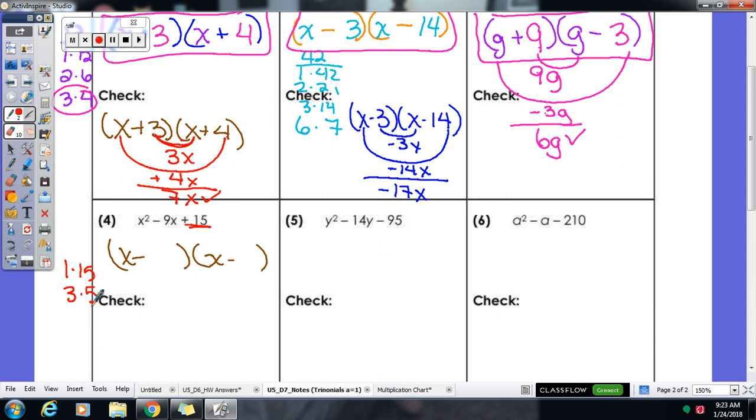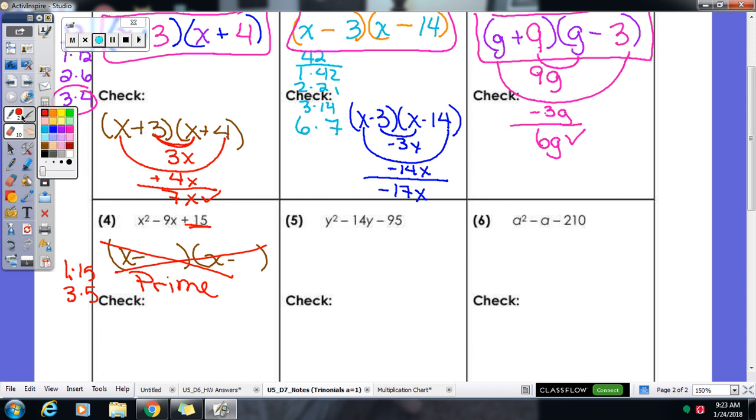We got 1 and 15, and then 3 times 5. Are either of those going to give us a 9? No, this one would give us a 16. This one would give us an 8. None of them would give us a 9. So this is what we call a prime. It's not factorable.